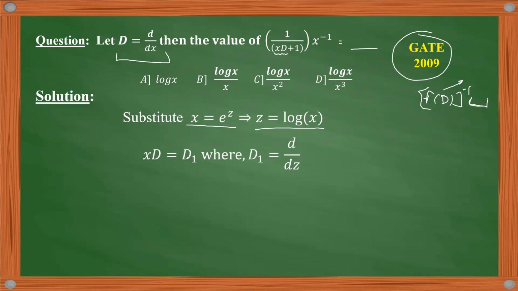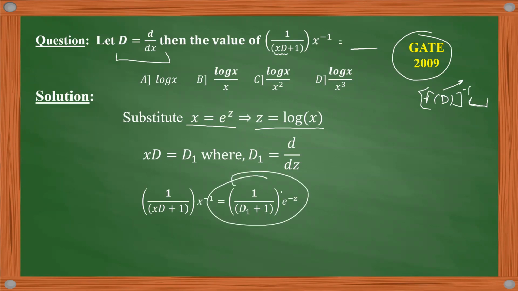So xD is equal to D1, where D1 is equal to d upon dz, which we have seen in the theory portion of the Cauchy-Euler equation. Then this term will be reduced to 1 upon (D1 plus 1) into e power minus z. Now just focus on this term. It is very familiar to us.